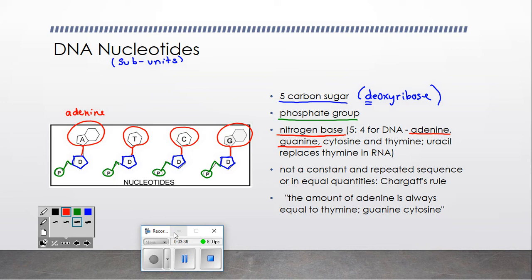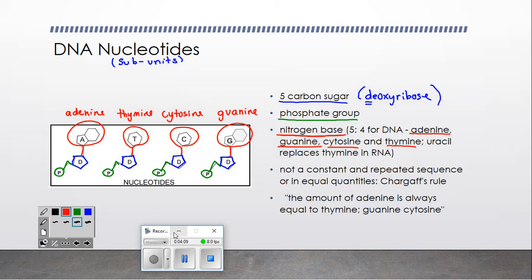Guanine, which is the G. Cytosine, which is the C. And thymine, which is the T. So very frequently when we talk about DNA, we will use just the letter A, T, C, or G to tell you which nucleotide we're talking about.